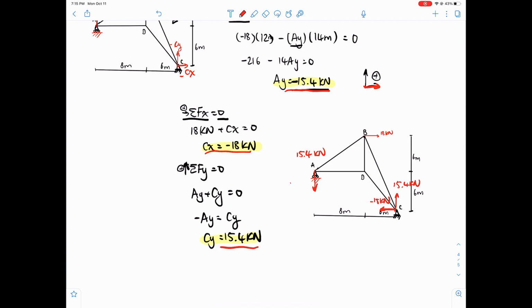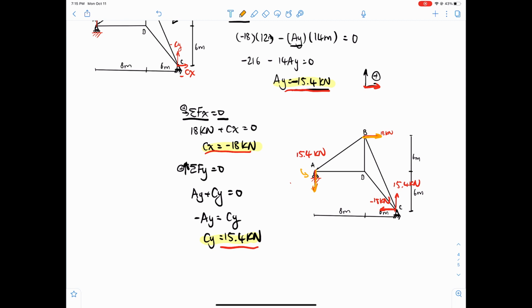18 kilonewtons. What this really means is that if you pull on this entire thing with 18 kilonewtons of force, to hold the structure still, the support at A has to be holding it down like this.